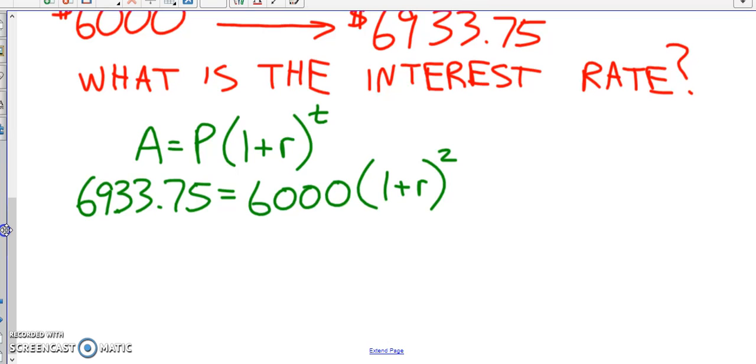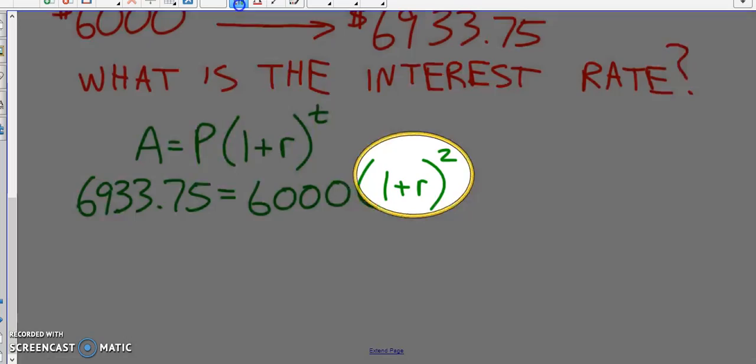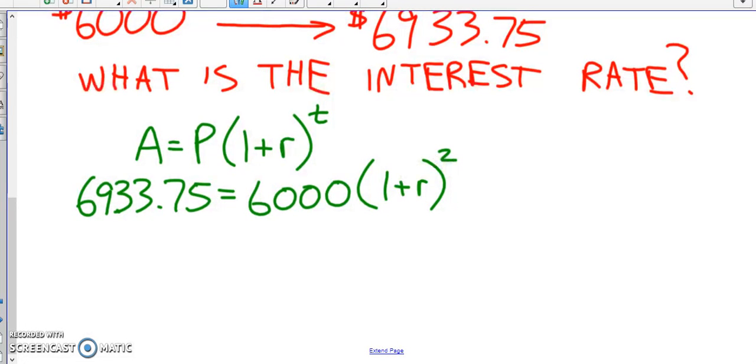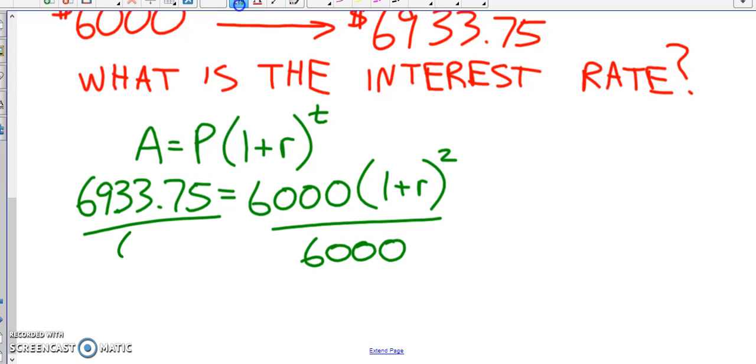So what I can do is isolate this thing that's squared and then take the square root. In order to do that, I have to get rid of the 6,000. So we can divide by 6,000 on both sides.